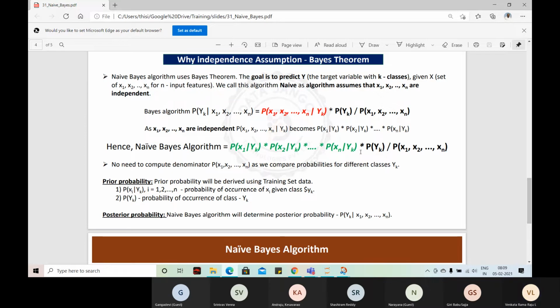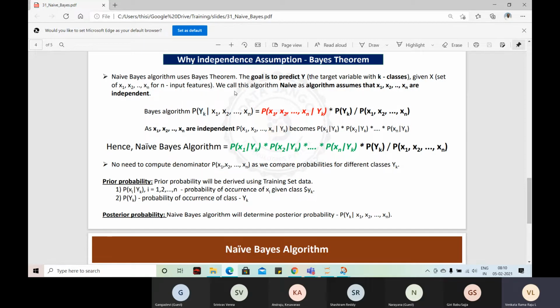So the naive Bayes algorithm uses Bayes theorem. The goal is to predict y, the target variable with k classes, yk. It can be yes, no, 2 classes, or 3 classes.